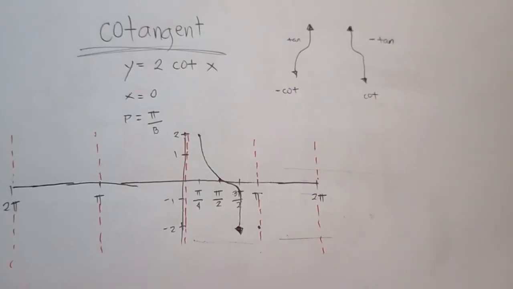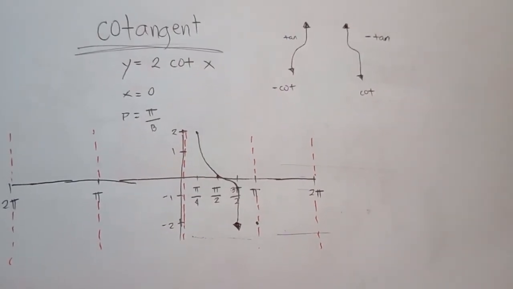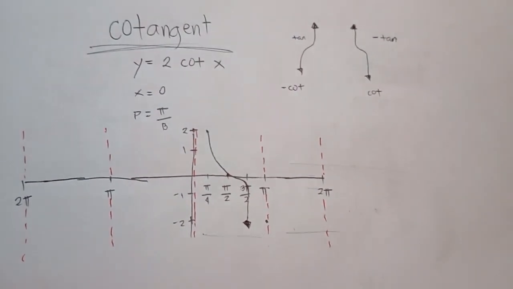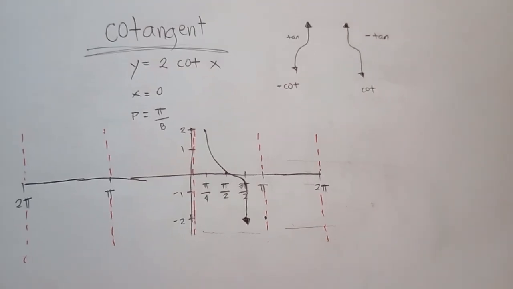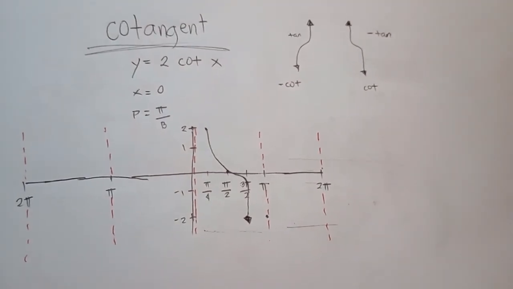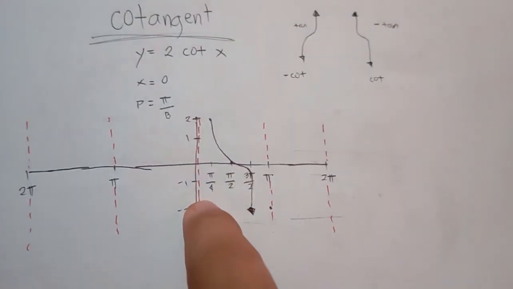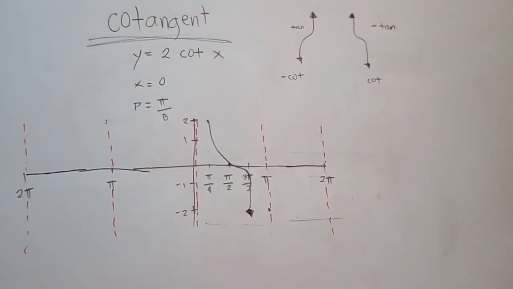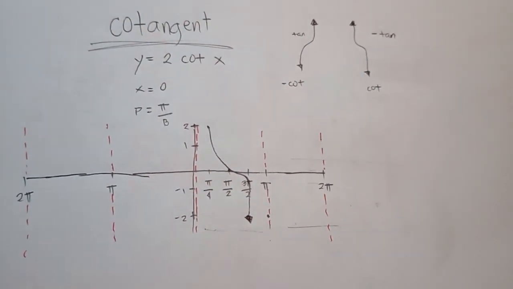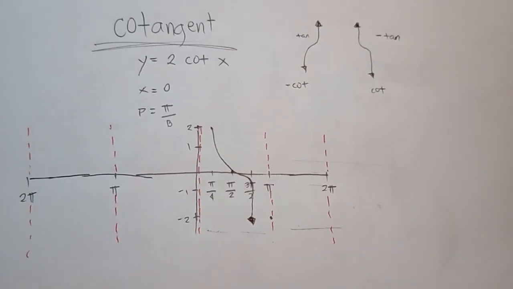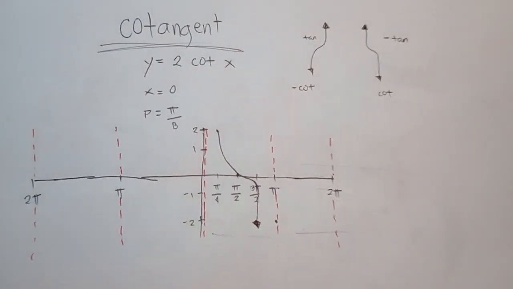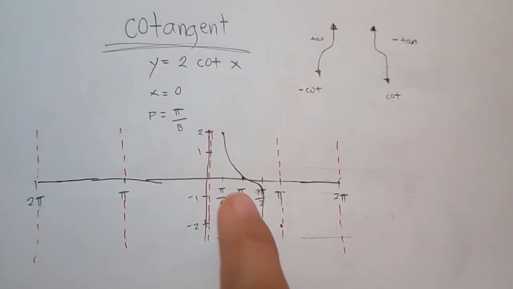Now let's go ahead and draw the vertical asymptotes. We also have 1 at 0, and pi, it's going to be pi over 2.